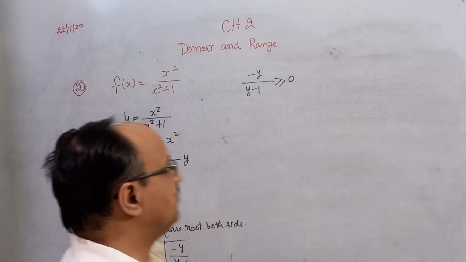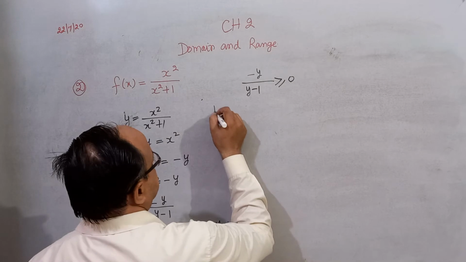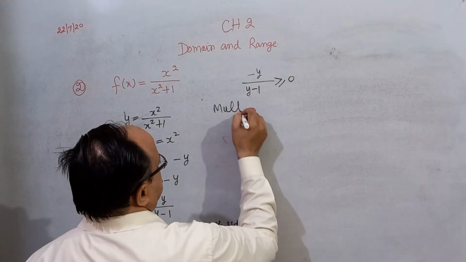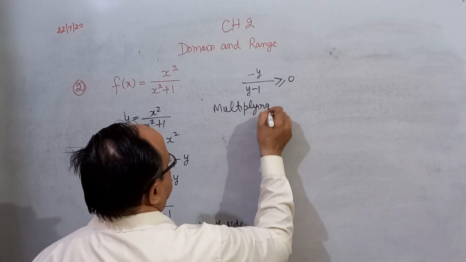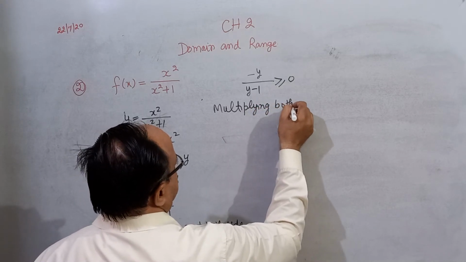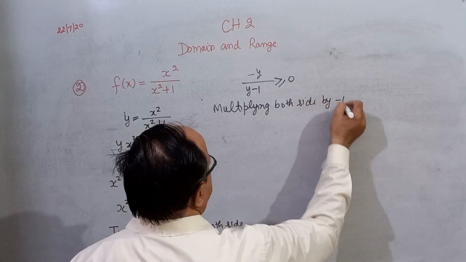For this, multiplying both sides by minus 1.